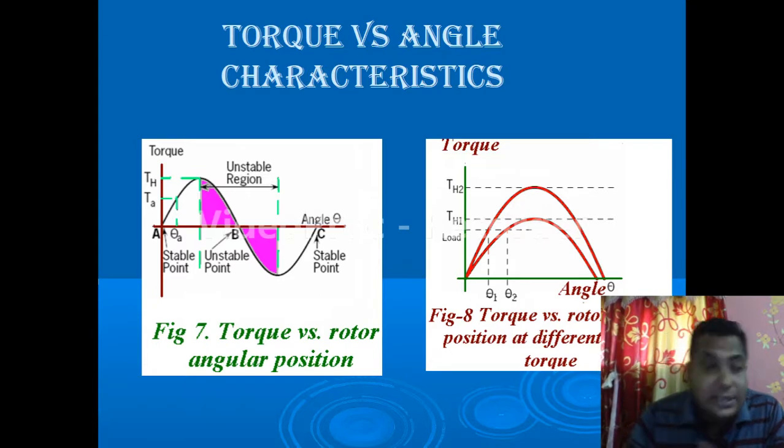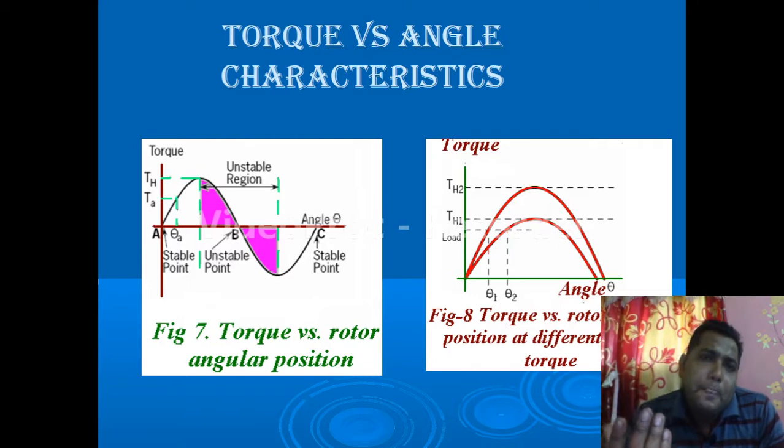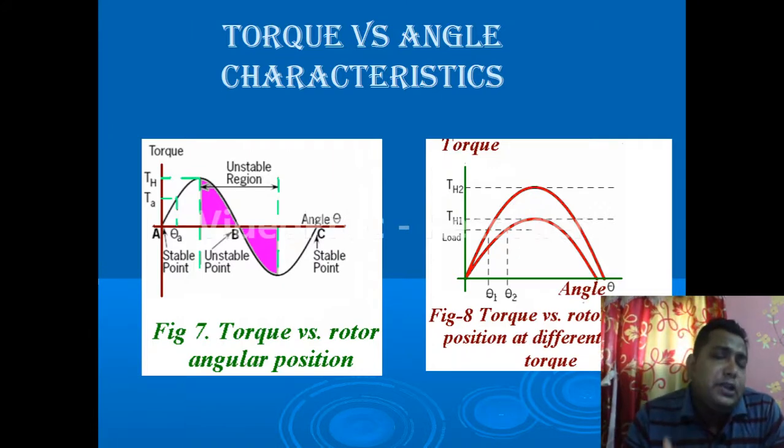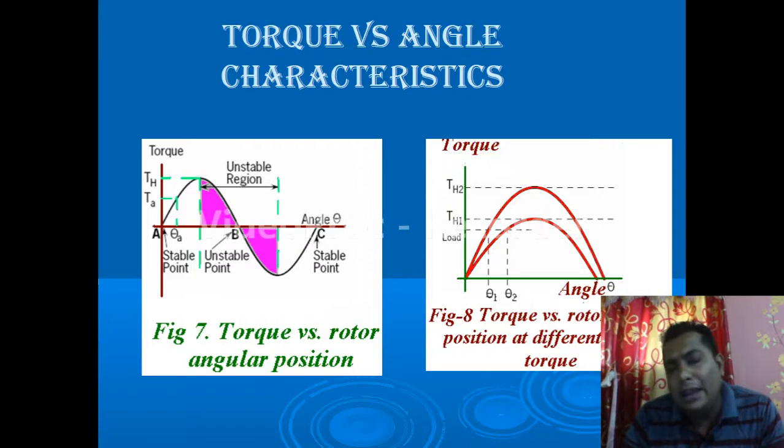First we come to the left hand side diagram. As we can see, a sinusoidal waveform is represented. When we switch on a stepper motor, with the change of angle, how the torque changes, and with respect to that which regions are stable and which regions are not stable, we can view pictorially in the left hand side diagram.